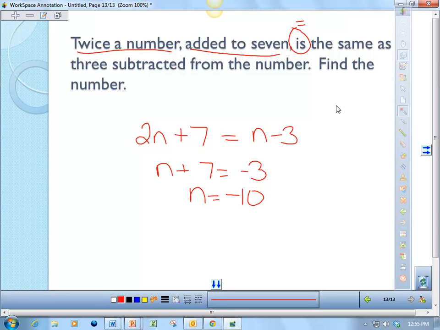Now, there is not a lot of context to this problem here. It's not a lot of story. So we can't really write a real awesome sentence. So we're just going to have to write the number is negative 10 because that's about all we've got, right? There's just not a lot of context here. So the sentence could be the number is negative 10.